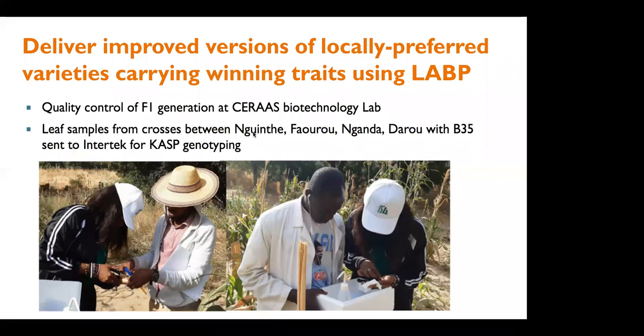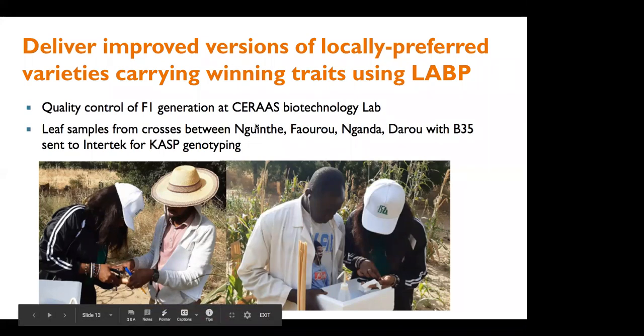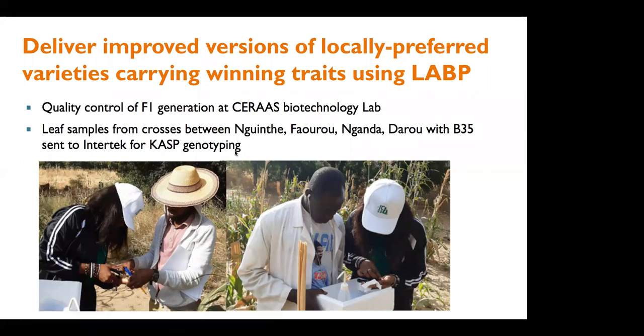In this case, I'm going to come back to this later. I think Danielle and Cyril are on the call, and I'll ask you to come in when I talk about the changes that we've made. But here they've made crosses between these local varieties with B35 as a potential source of useful traits, in this case, stay green and drought tolerance, and that's being sent to Intertech for CASP genotyping.